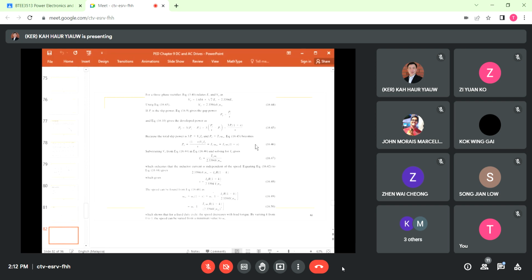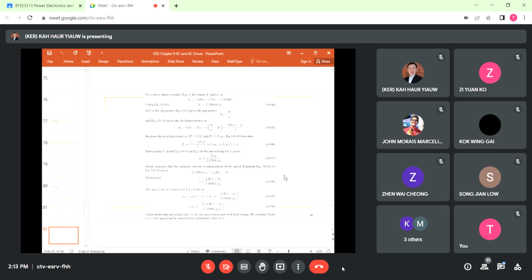The total slip power is equal to this, and PD is equal to TL times omega m. Equation 45 becomes equation 46 here. Substituting VD from equation 44 into 46 will solve for ID in equation 47.